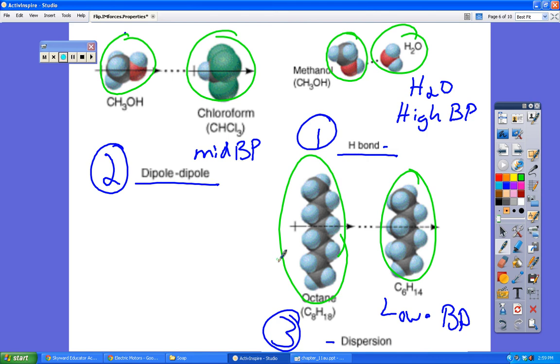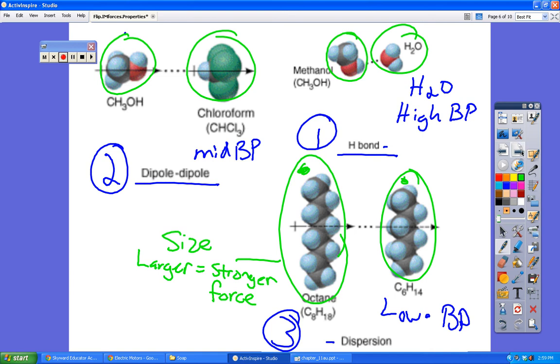I will say that these can be a little bit stronger depending on the size. Dispersion forces are size dependent, and larger equals stronger force. So this molecule here will have a stronger force than this one here.